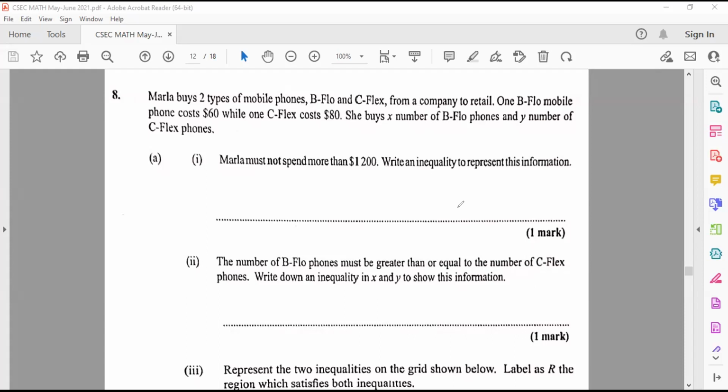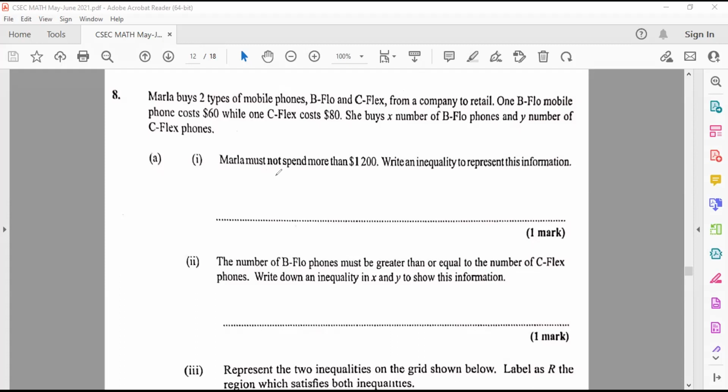So it says that Marla buys 2 types of mobile phones, a B Flow and a C Flex. One B Flow mobile costs $60 and one C Flex costs $80. She buys X number of B Flow phones and Y number of C Flex phones, but she must not spend more than $1,200.